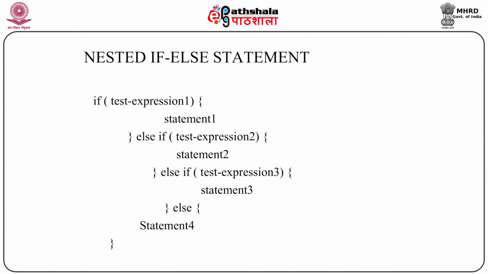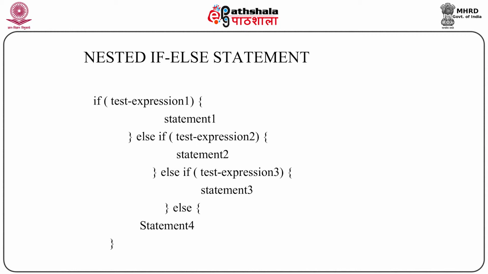In this structure, it clearly shows that if test expression 1 is true, then statement 1 holds. Else, if test expression 2 is true, then statement 2 holds. And if test expression 3 is true, we will say that statement 3 holds.